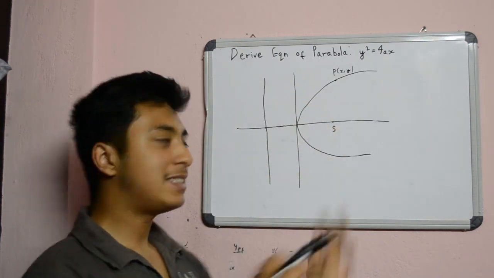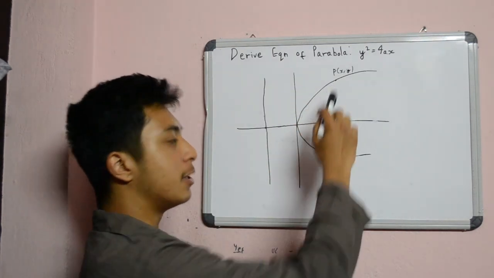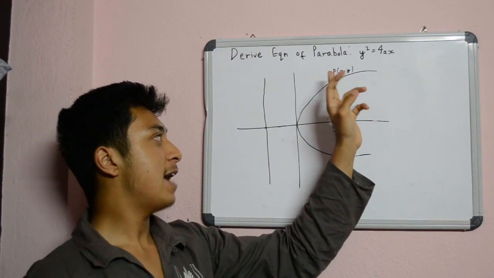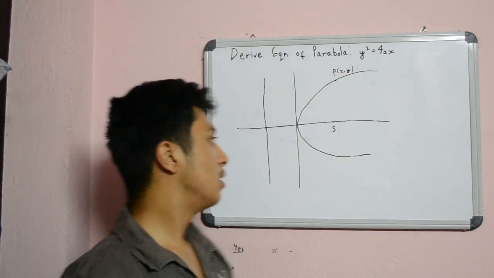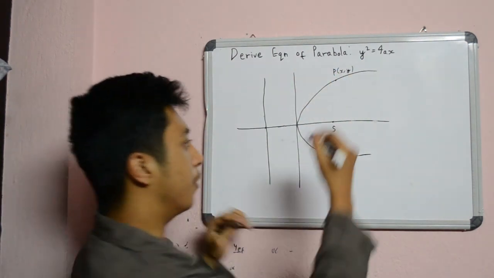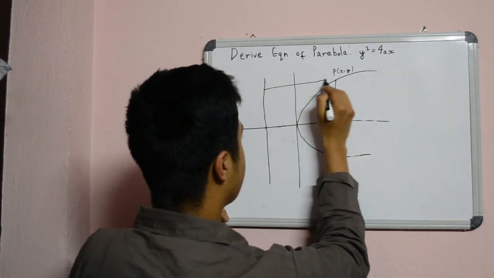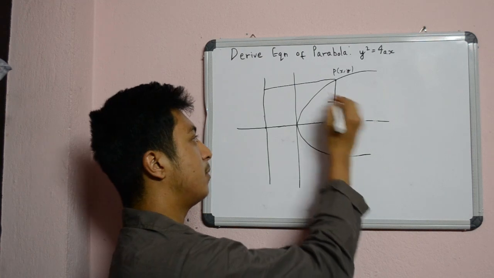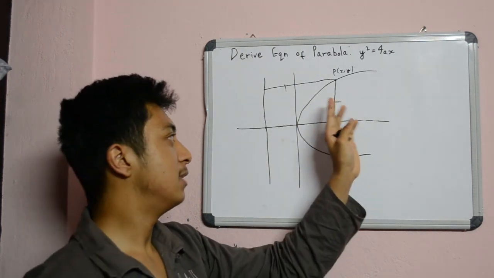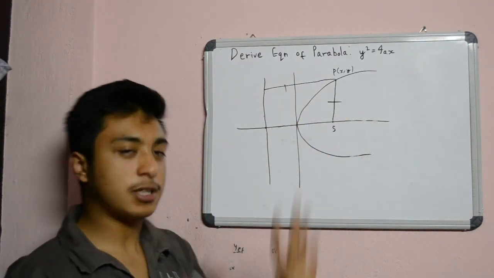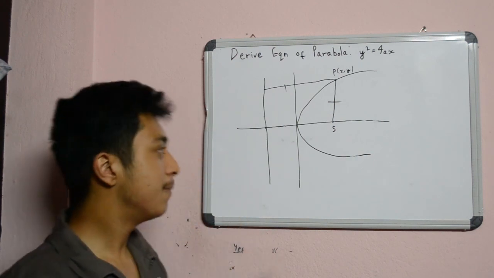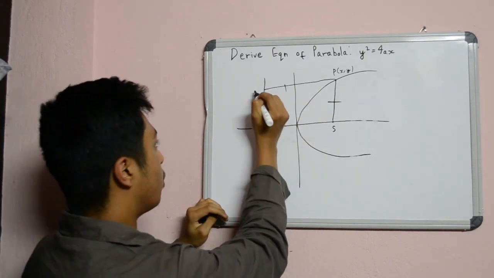So let's say our moving point is at a point P on this parabola at the point x comma y. From the definition, this line and this line will be the same. Just don't mind my diagram, they don't look the same, but trust me, in maths it is. And let's call this point A.